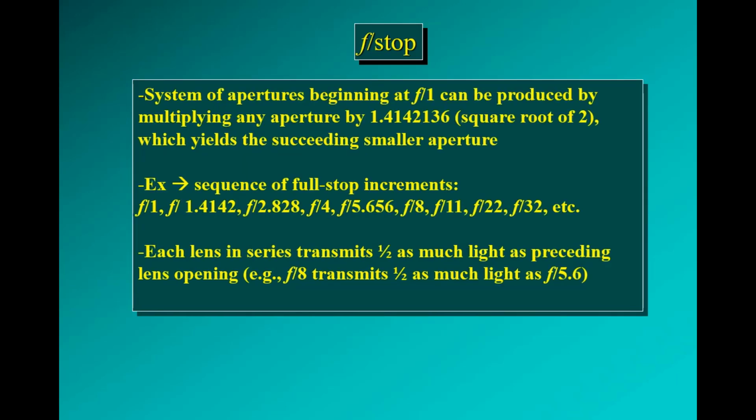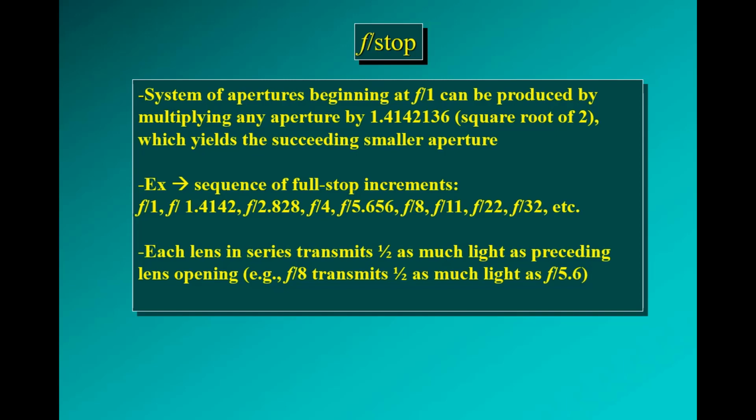So really we have a system of apertures beginning at f1 that can be produced by multiplying any aperture by 1.4142136, which is the square root of 2, and that is going to produce the succeeding smaller aperture. So for example, the sequence of full stop increments would be f1, f1.4142, f2.828, f4, f5.656, and so on. You see the progression there.